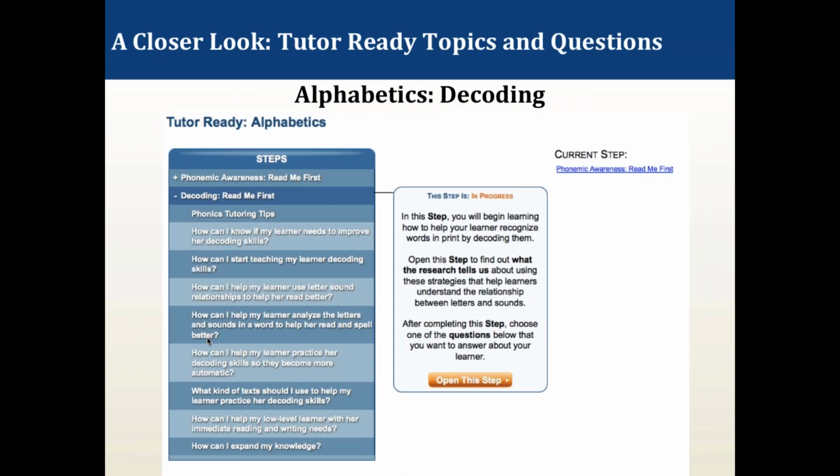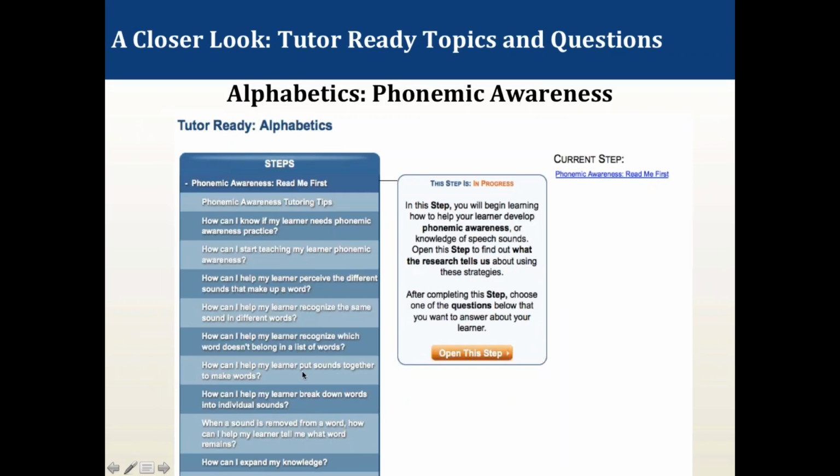So if you can see on phonemic awareness: How can I know if my learner needs phonemic awareness practice? How can I start teaching my learner phonemic awareness? How can I help my learner perceive the different sounds that make up a word? How can I help my learner recognize the same sound in different words?